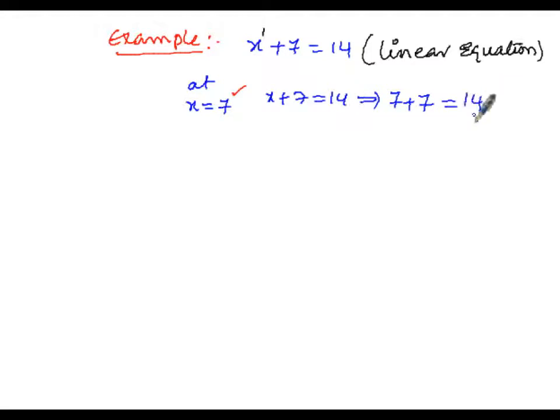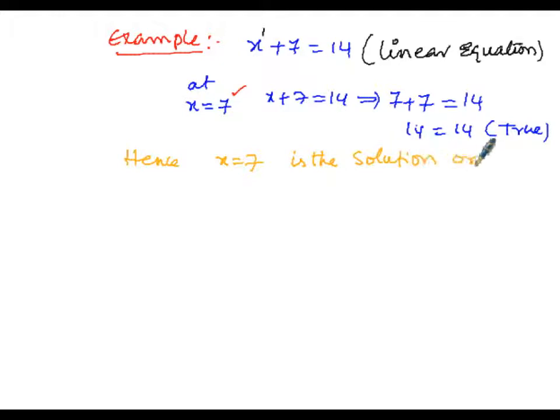Now 7 plus 7 is 14, equal to the right hand side 14, so the condition is true. Therefore the solution, or the root, x equals 7 satisfies the given equation. Hence x is equal to 7 is the solution, or the solution set, or the root of the equation.